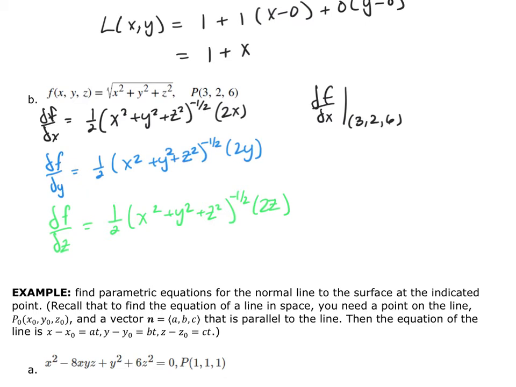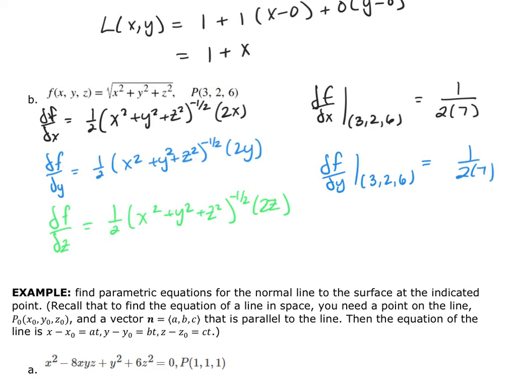So we know that when we put in those numbers, this is going to be the square root of 49, and that part is going to be true in all of them. It's going to be 1 over 2 times the square root of 49, in other words 1 over 14. So that's going to be true for that one. It's going to be true for this one. I'm not done. So 1 over 2 and 7.